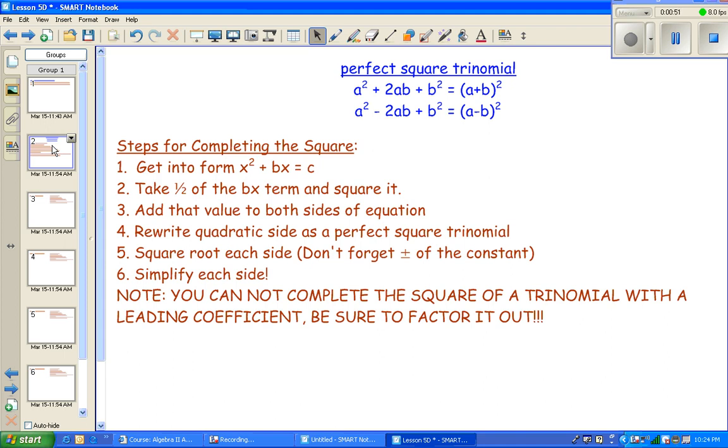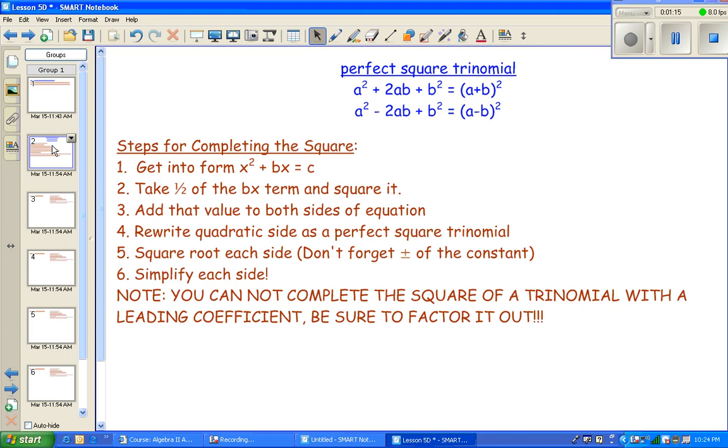Either way, when you factor it out, you're going to get either a plus b times a plus b, which gives you a plus b squared, or a minus b times a minus b, which gives you a minus b squared. So, in order to complete the square, the first thing you want to do is to get that constant over to the other side. This is the only method that we were doing where you don't want to set it equal to 0.